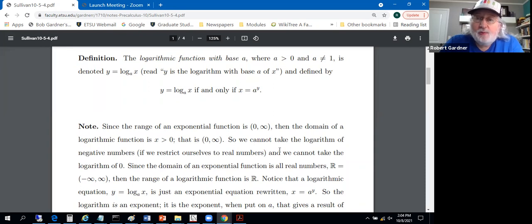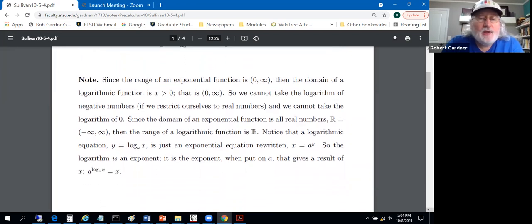So we can't take logs of negative numbers, at least if we restrict our attention to real numbers, which from here on out we certainly do. And we can't take the logarithm of 0. We can only take logarithms of positive numbers. The domain of the exponential function was all real numbers, so the range of the log function is all real numbers. The domain of one is the range of the other.